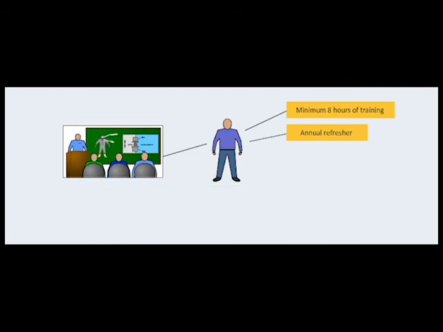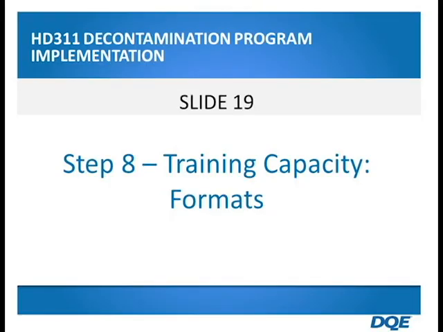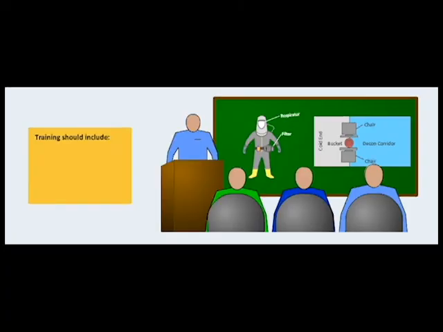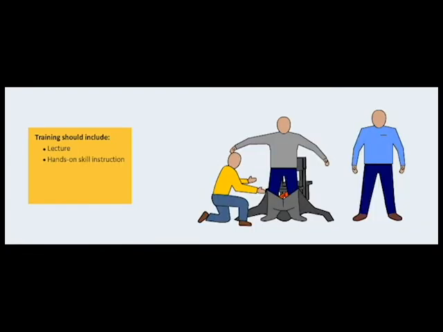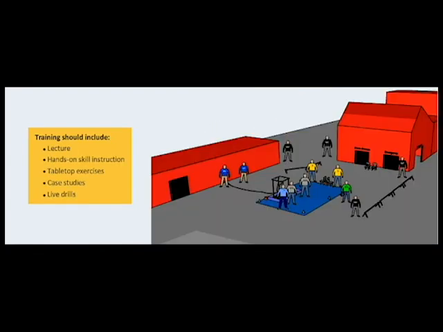The first part of developing a training program should be to determine how much of the training you can do yourself and how much outside contractors will perform. Training should involve a variety of formats including lecture, hands-on skill instruction, tabletop exercises, case studies, and live drills.